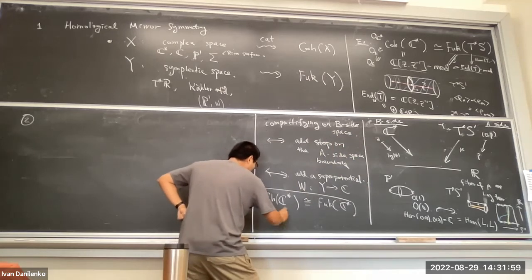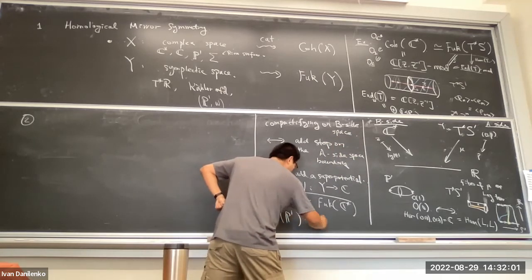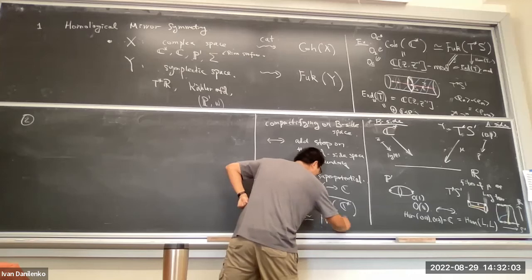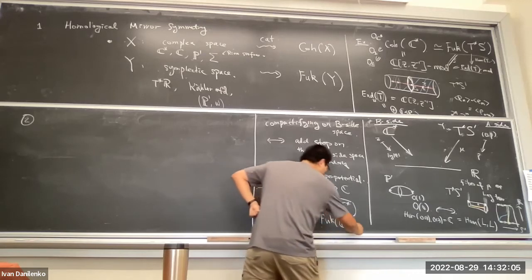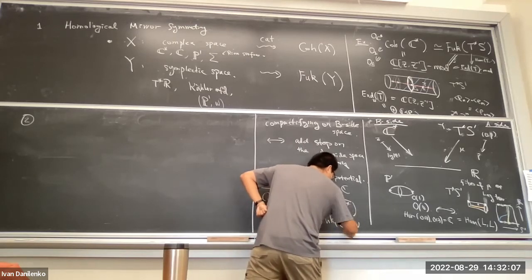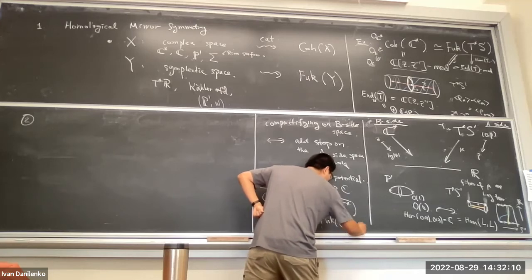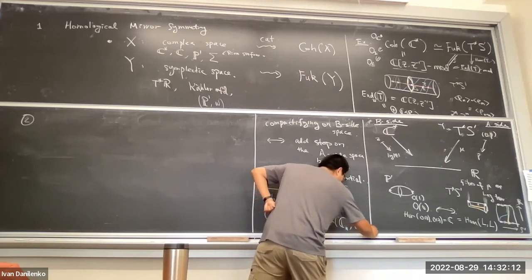And you can see now the category of Lagrangians is equivalent to the category of the same space C star, but we add a potential, say W is U, so the potential is U plus 1 over U.